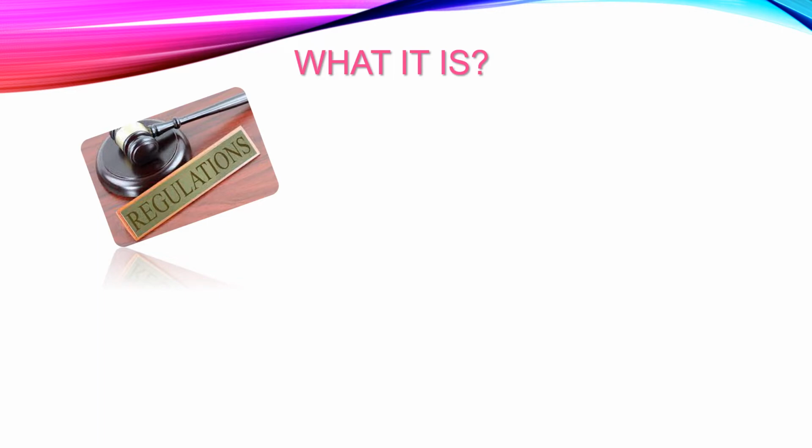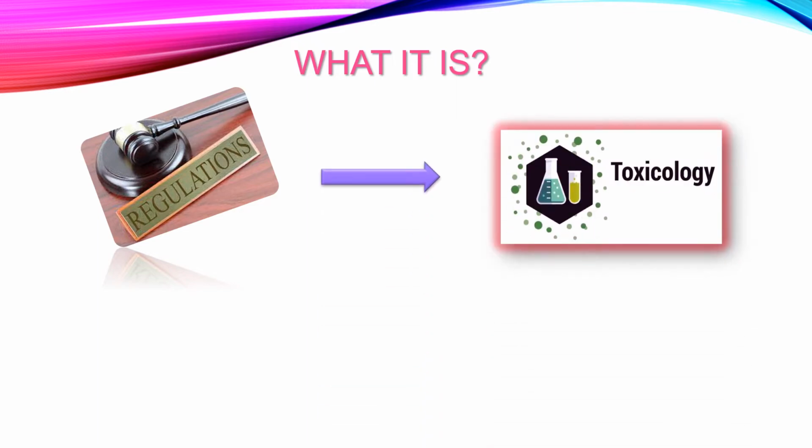By the use of principles, by the use of law, by the use of rules, we regulate something, which is called regulation. And in regulatory toxicology, these regulations are related to toxicological aspects.